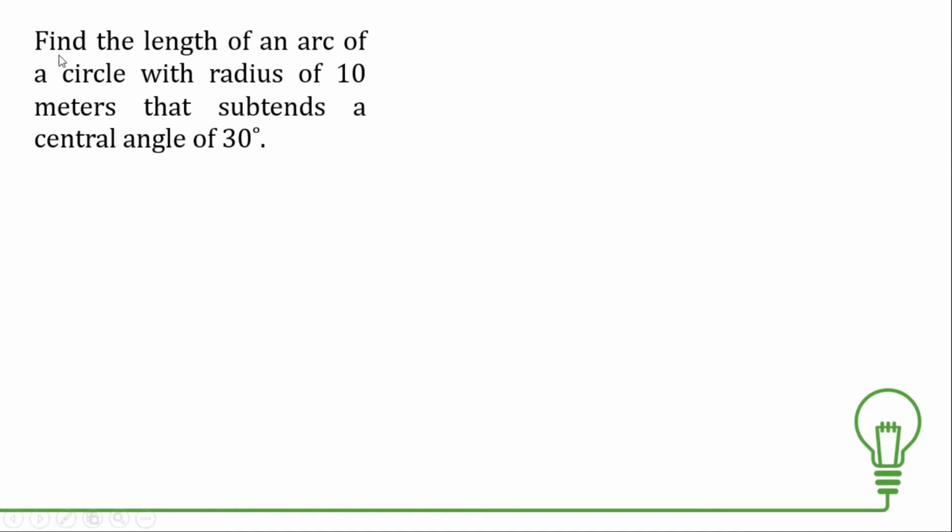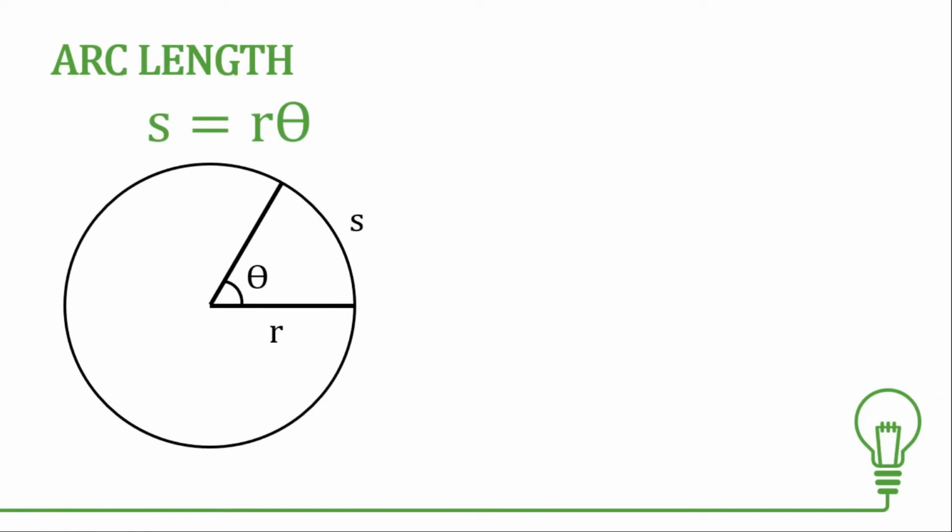Let's say we are to find the length of an arc of a circle with a radius of 10 meters that subtends a central angle of 30 degrees. Let us go back to the formula. Make sure that your angle measure is expressed in radian measure, so that it is easier for us to get the arc length.